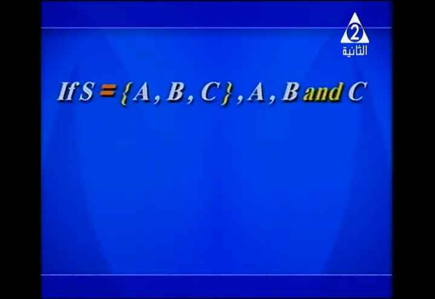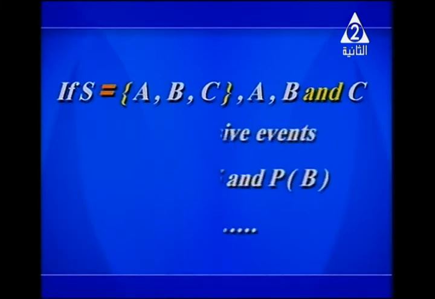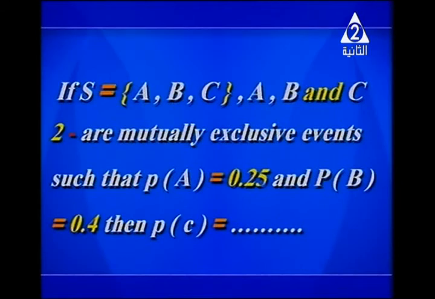Number 2. If we have sample space S equals the set of A, B, and C, where A, B, and C are mutually exclusive events such that the probability of A is 0.25 and the probability of B is 0.4, what is the probability of C?